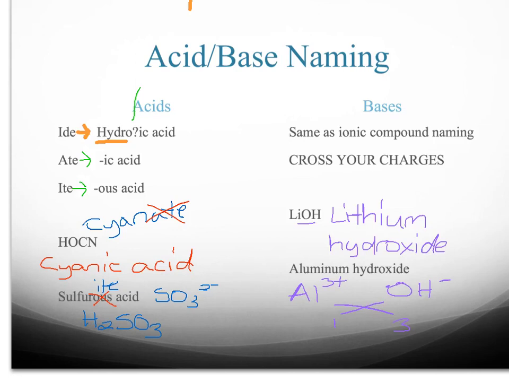So if we put them together, our final formula will be Al. We don't write ones. And then we have OH that's going to need a 3. Again, OH is a group and we want to put a number on this group. So that means that our OH will be in parentheses with the 3 on the outside.